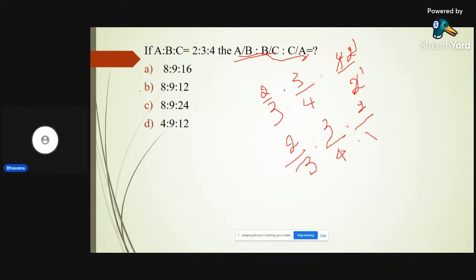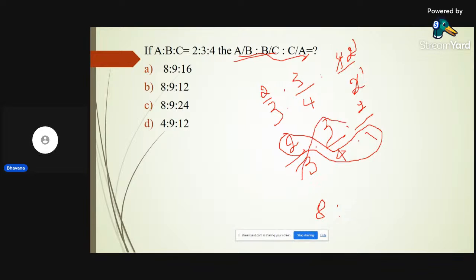So what is the answer for this question? To find the answer, I have to multiply these three for the first ratio. 2 into 4, that is 2 fours are 8, into 1. So we will get the A value here first.